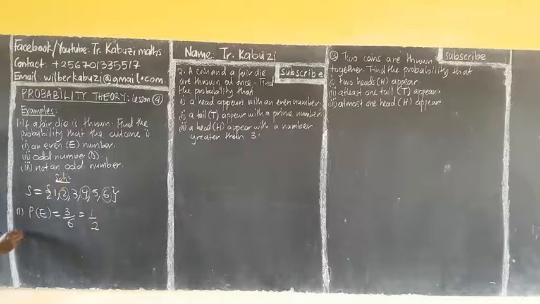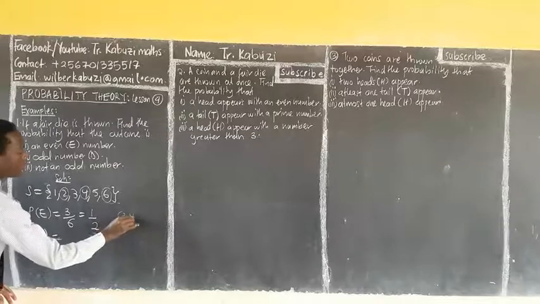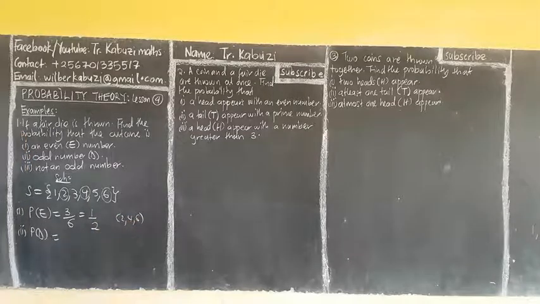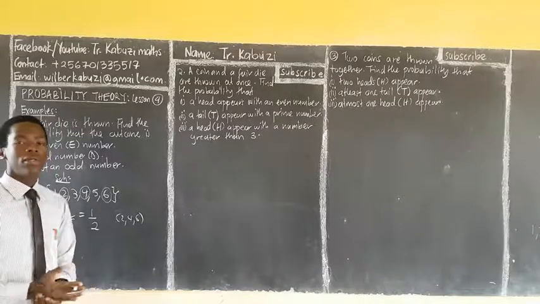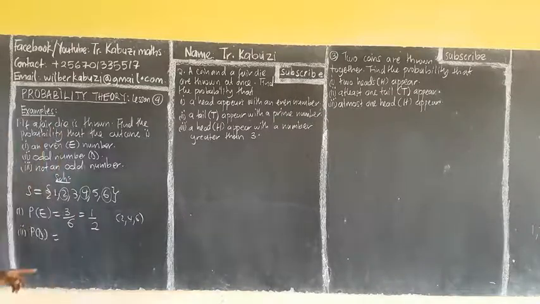Then the probability the number is odd. So here the even numbers we have are 2, 4, 6. What about odd numbers? An odd number is a number which when divided by 2 gives a remainder of 1. So we have only 1, 3 and 5.